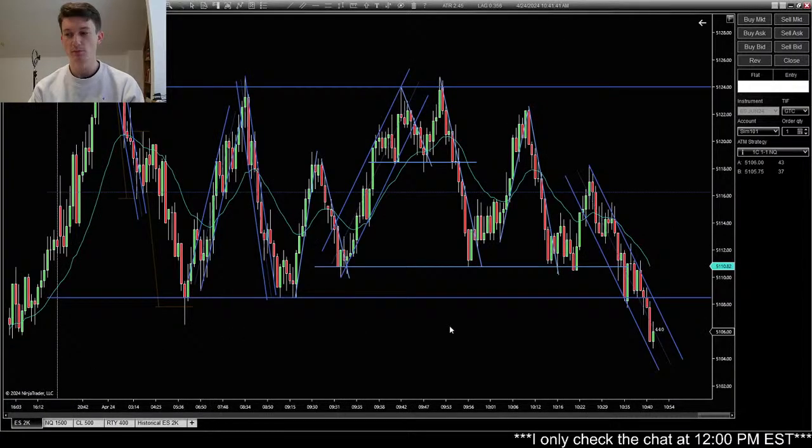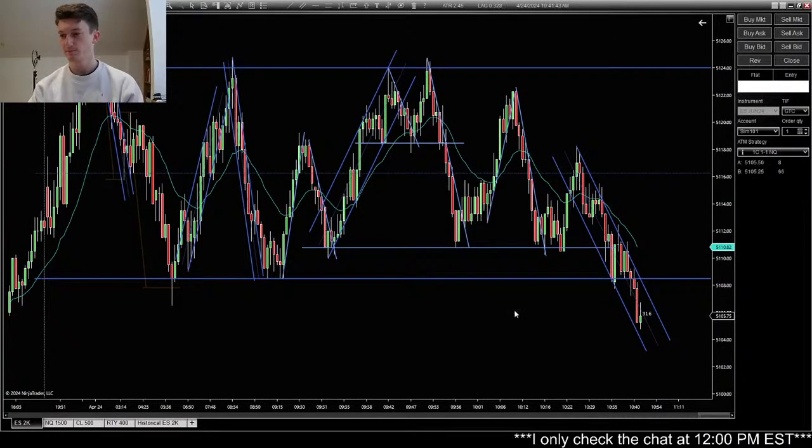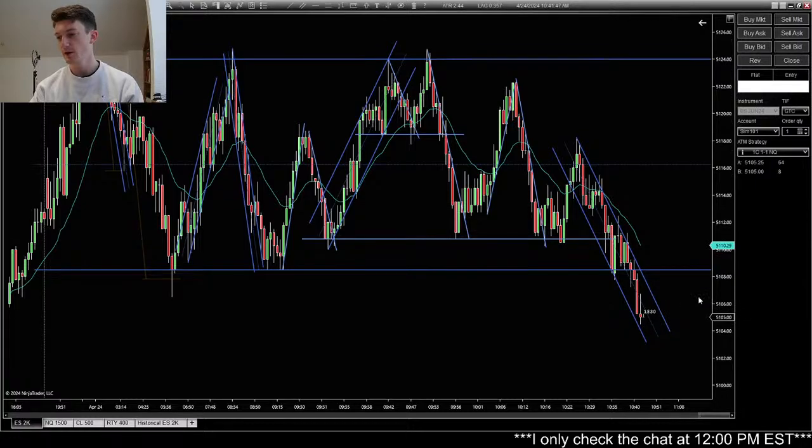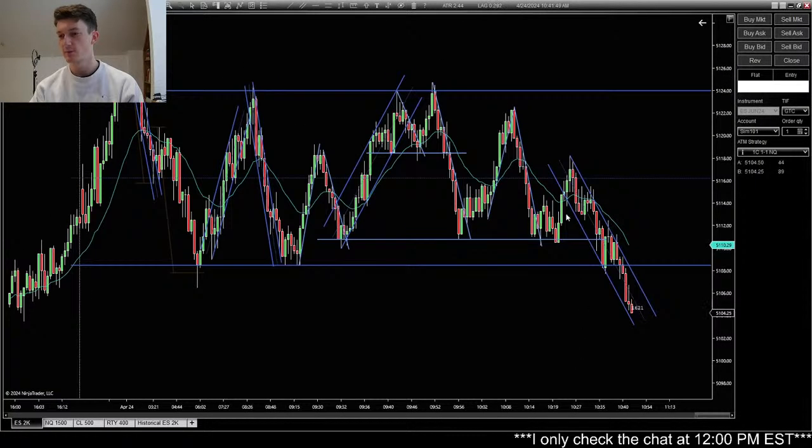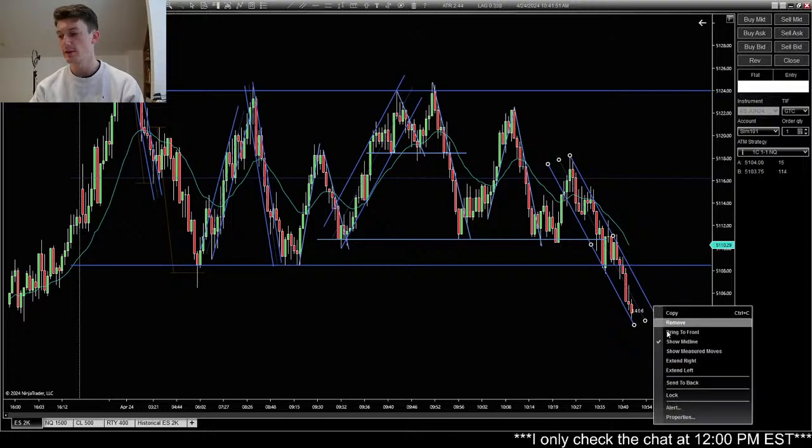The ES is breaking below the range support, so I'm thinking prices are probably going to come back and test this area. But this is a pretty strong downtrend, so it's possible we get a chance to play that downtrend beforehand.